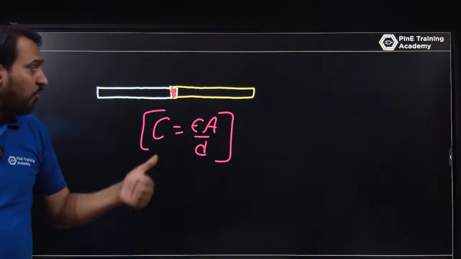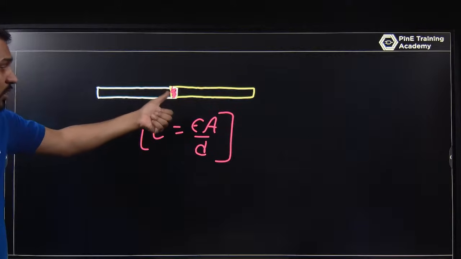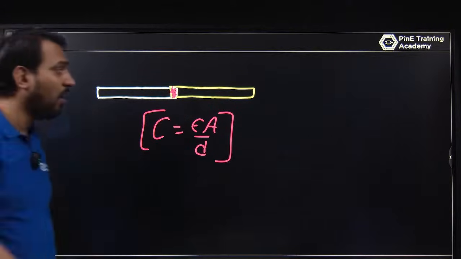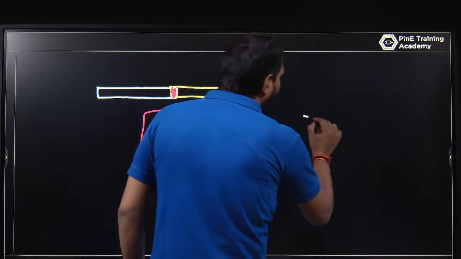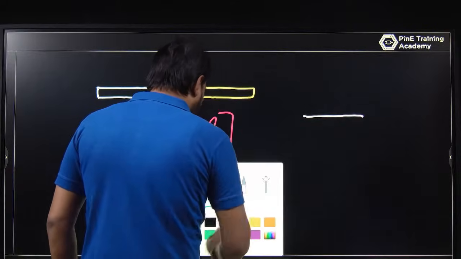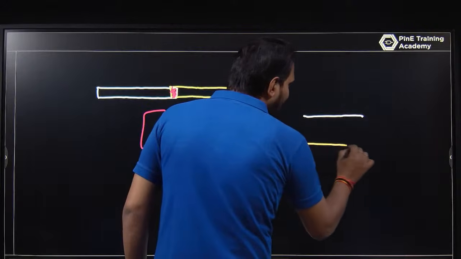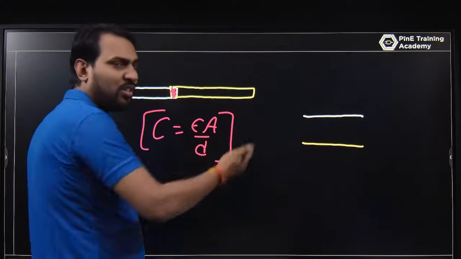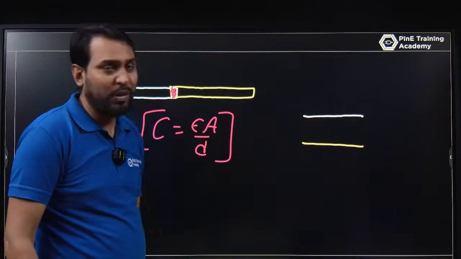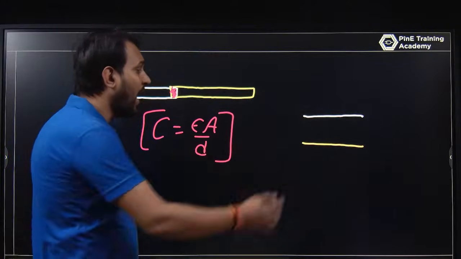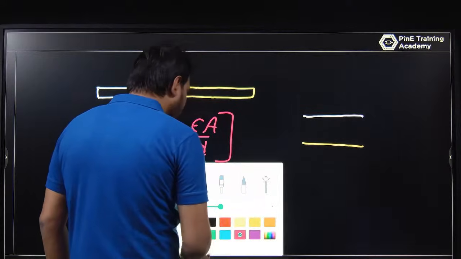If you have a node, you have two metals. Let this white one be metal 1 and this yellow one metal 2. I am just assigning them; it does not mean it is always metal 1 and metal 2. This is one plate, this is the other plate, two conducting plates, and in between you have a FOX, meaning field oxide.